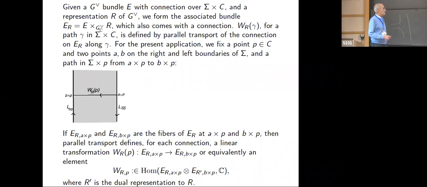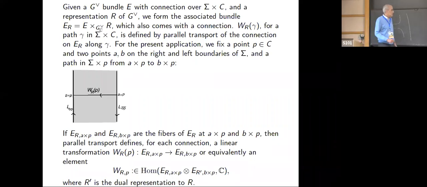E is a G-dual bundle, but there's an associated bundle E_R in the representation R. It also comes with a connection. And then W_R of gamma for a path gamma in sigma times C is defined as simply the holonomy of this connection along gamma. For the present application, we fix a point P in the Riemann surface C, two points A and B on the left and right boundaries of sigma, and a path that runs from A times P to B times P, this path.